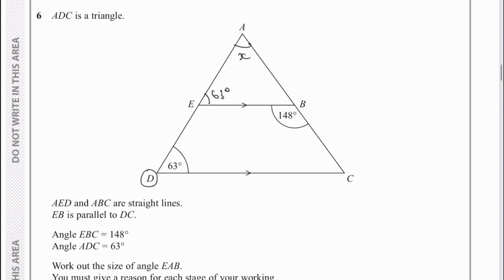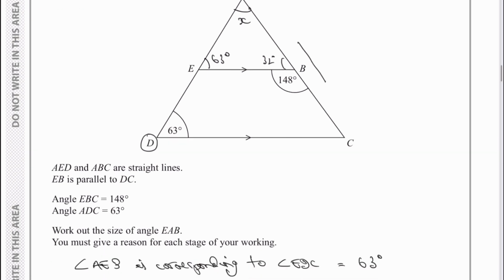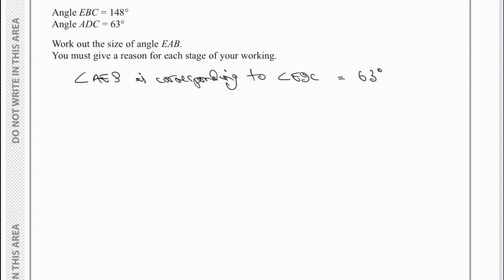Okay, and what else have I got? Well, I also know then that angle ABE, which is this angle here, must be 32 degrees. Now the reason being is that this line is a straight line along here. So again, I'm going to have to work that out.